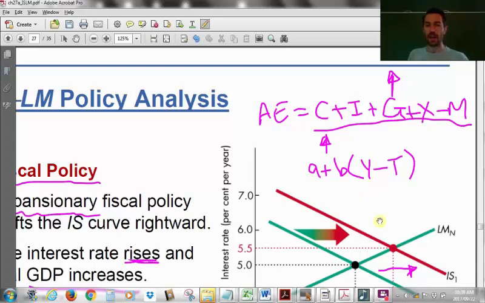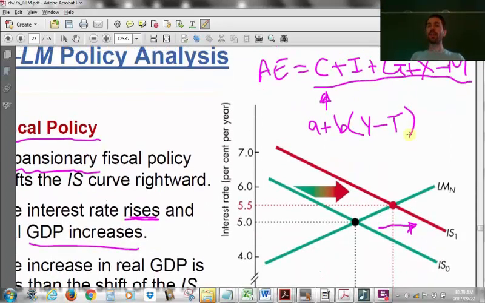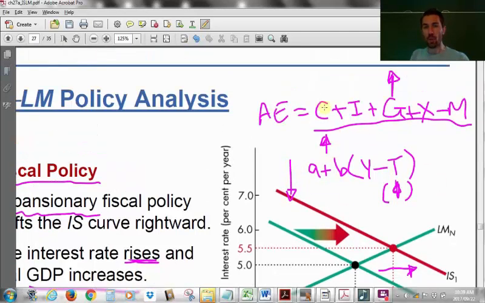Are you happy that an increase in taxes here leads to a decrease in consumption? Yes? So a decrease in consumption, what does that do to aggregate expenditure?